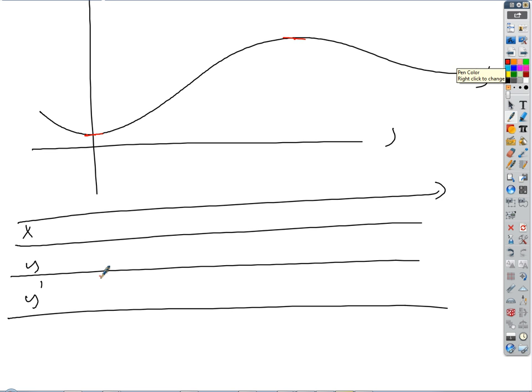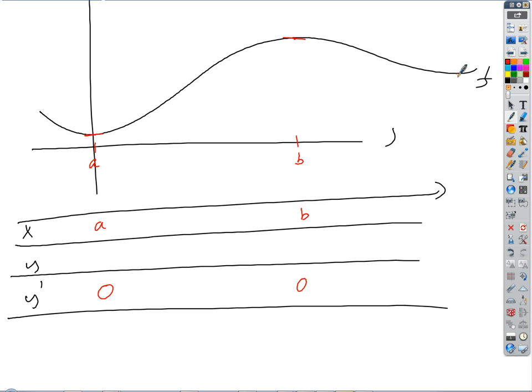If we go down vertically, let's call this point A, and that point B. When x is A, what can you tell me that's important? y prime is 0. And when x is B, y prime is 0.